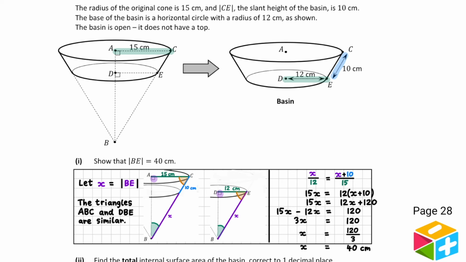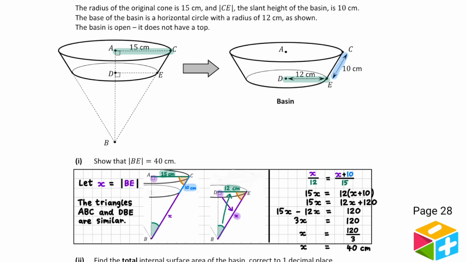In this question, we were asked to find the length of BE, and I've labelled that here as x. I've also written in some of the measurements that we were given. DE is 12 centimetres, AC is 15 centimetres, and EC is 10 centimetres. In the triangle DBE, the side opposite the right angle is x. The side opposite the angle at B is 12 centimetres.